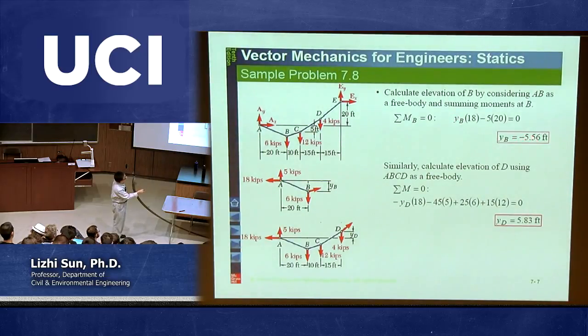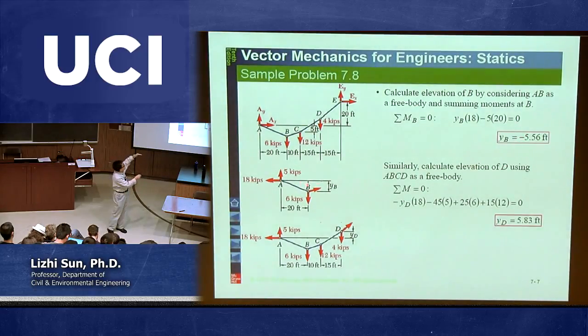But I know the reason why they put a negative sign: they want to indicate it's below. The reason you cannot get a negative is that you assumed this YB is below already. The YB you plotted, point B, is already below point A, so based on your calculation YB should be positive. If it's positive, then in fact it's below. That's why their final answer is negative 5.56.